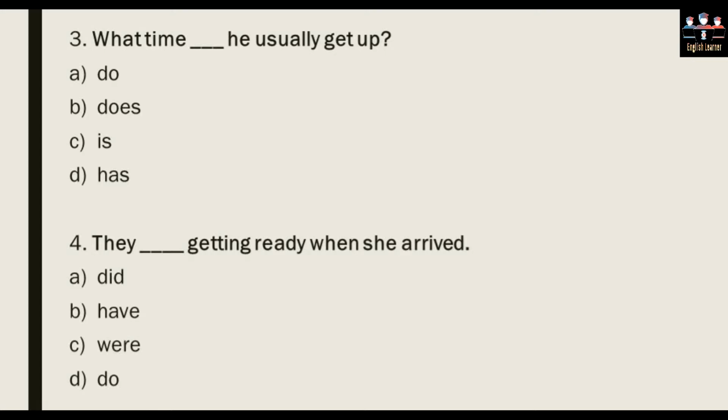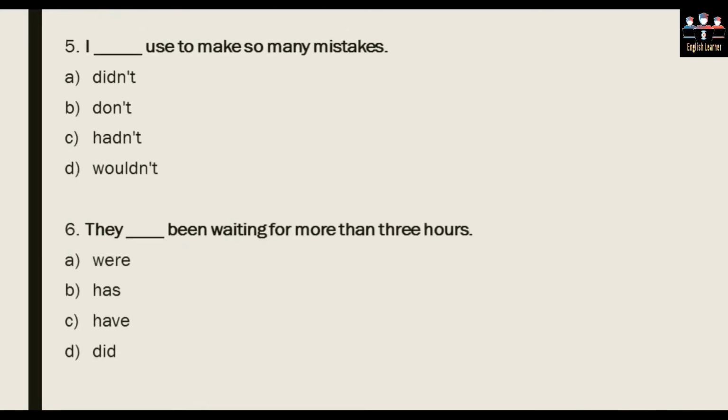Number 4. They dash getting ready when she arrived. A. Did. B. Have. C. Were. D. Do. Number 5. I dash used to make so many mistakes. A. Didn't.